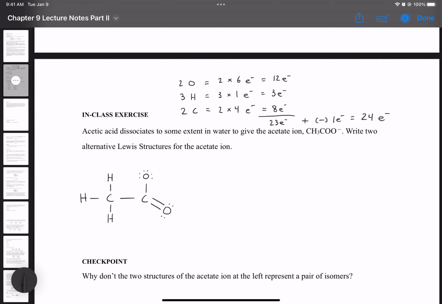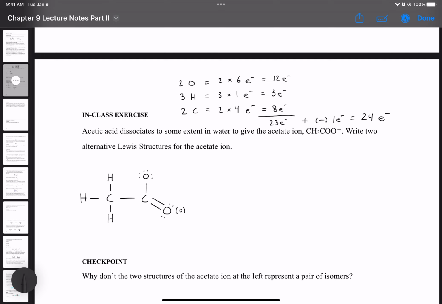We know the negative charge is somewhere, and we know it can't be on the C double bond O. If we look around oxygen, it has 6 valence electrons around it, and if we subtract that number from its normal group number, that gives us 0. So oxygen here has a formal charge of 0.